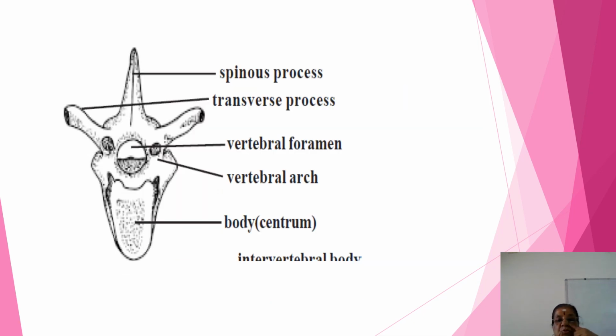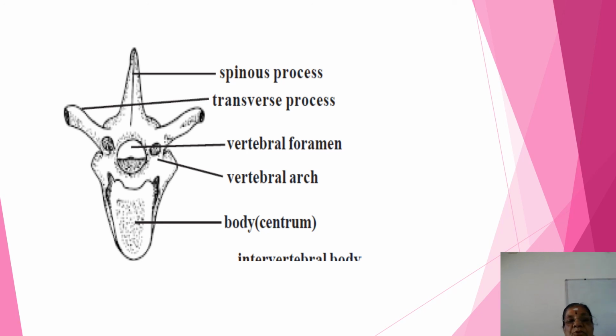The next one is the structure of a typical vertebra. Now I have this picture clearly, so I am showing this. This is the structure of a typical vertebra, where it has a central body called centrum. This refers to the labeling, centrum. It has a central body, or centrum, with 3 points.